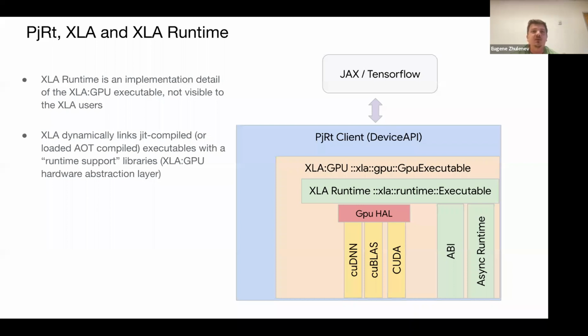They should talk to XLA only through the high-level PjRt client API, and the GPU executable itself composes. So the GPU executable defines a GPU hardware abstraction layer that consists of cuDNN, cuBLAS, CUDA custom calls, plus it has a default ABI and async runtime for concurrent execution provided by the XLA runtime, and altogether it is linked at runtime and hidden behind the GPU executable APIs.